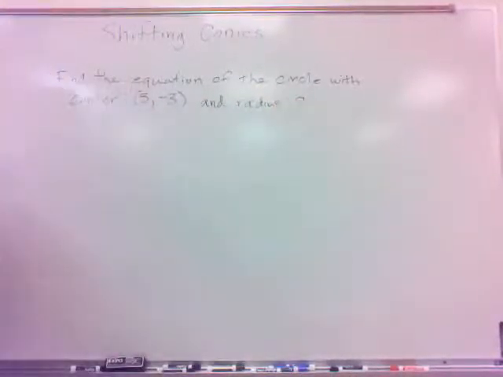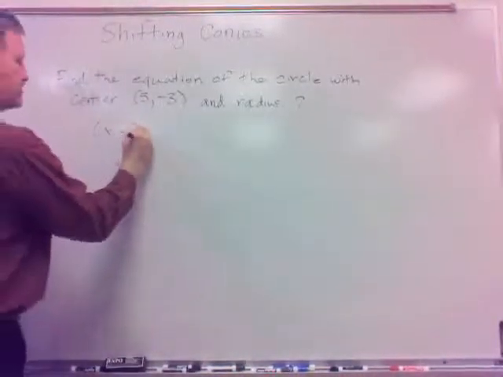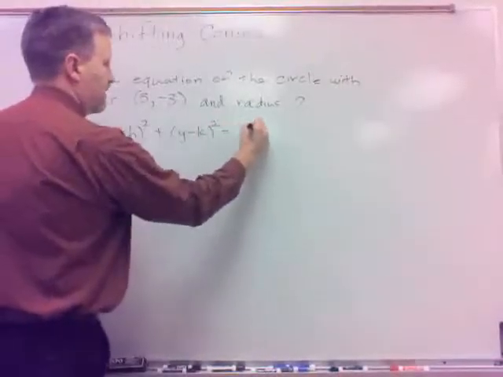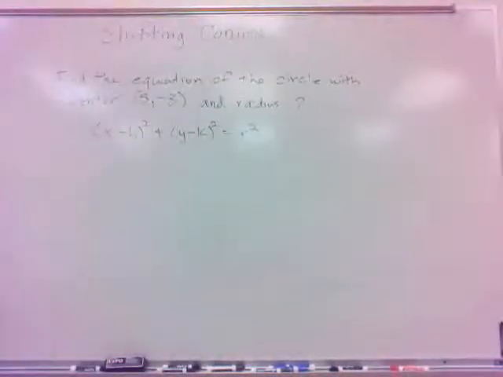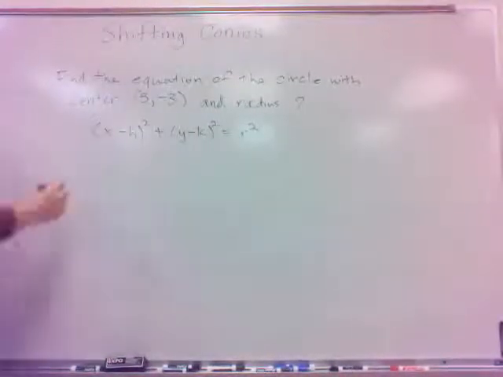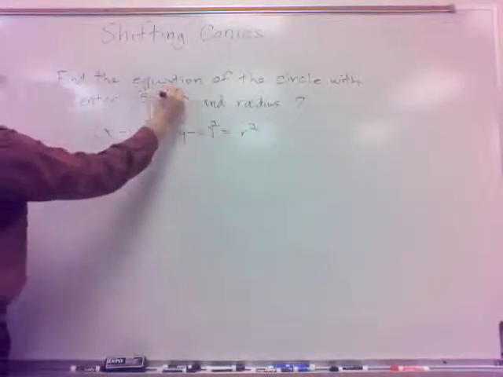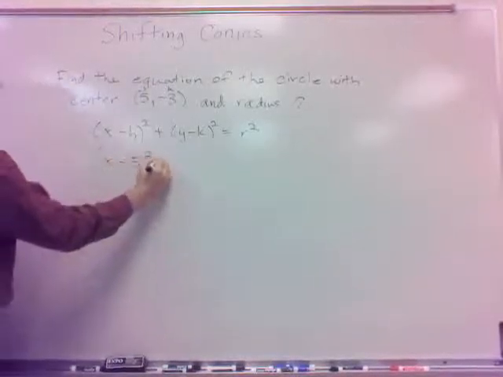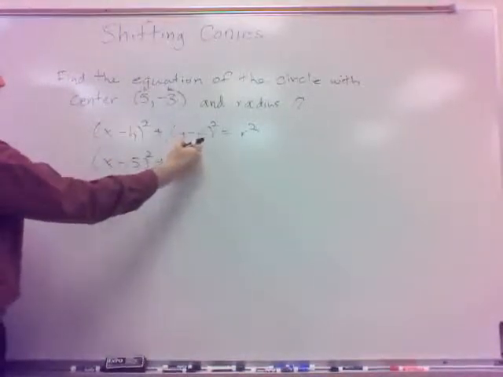Well, knowing that the equation of a circle can be written (x minus h) squared plus (y minus k) squared equals r squared, that's just filling in the parts, isn't it? Because what is this, 5, -3? That'd be h and k, wouldn't it? This would be the h, this would be the k. So plug that in for h. So we have (x minus 5) squared plus, now what happens here?